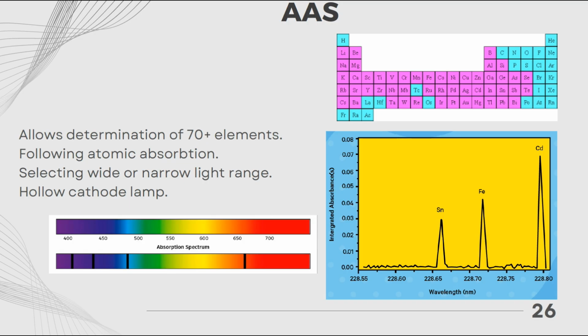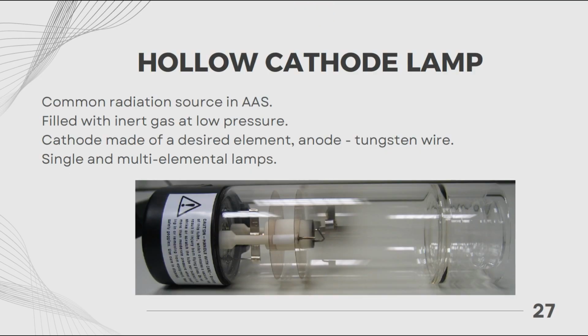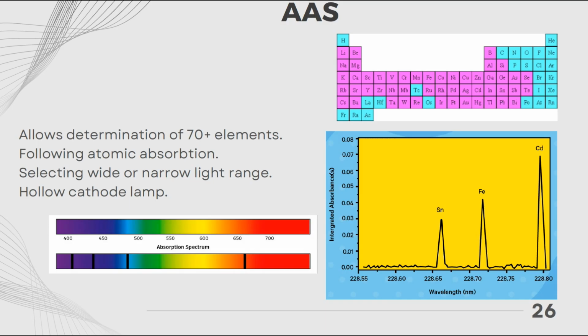And a very important topic here is the hollow cathode lamp, which is used in the AAS technique. What is it? The hollow cathode lamp is a common radiation source in atomic absorption spectroscopy. It is made of a desired element, and have a look at the elements that are analyzed. All of them are metals, yes, so we may make a cathode from them.